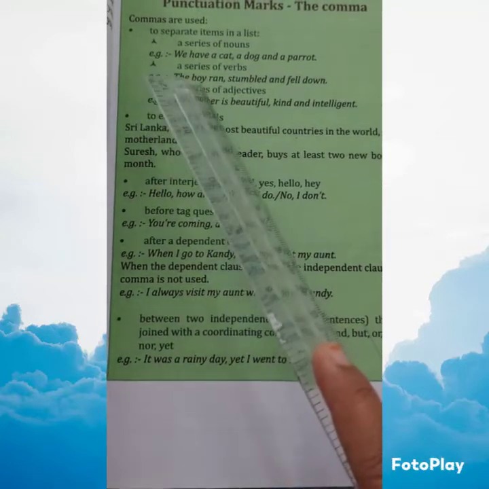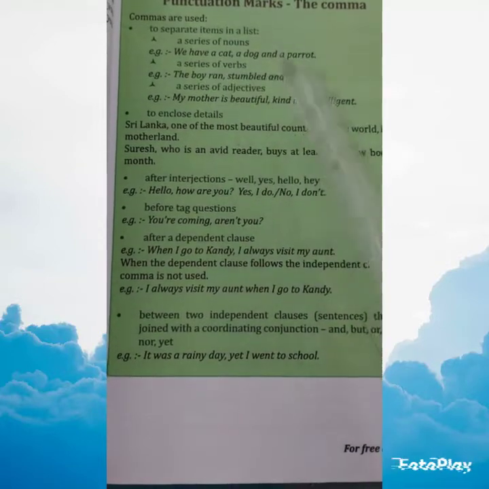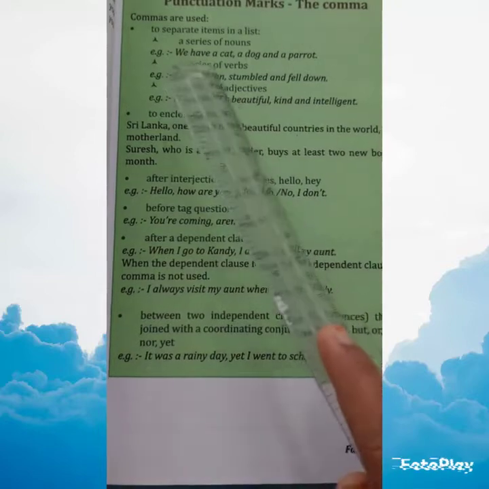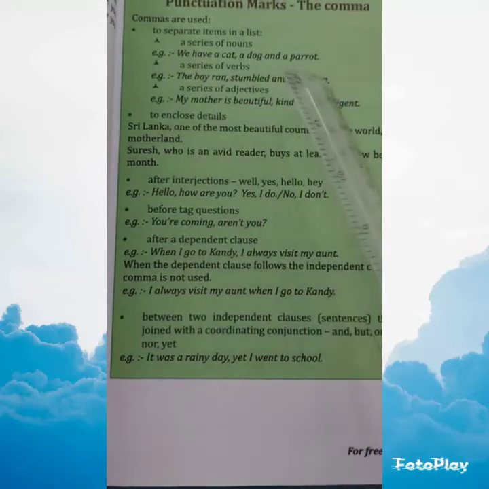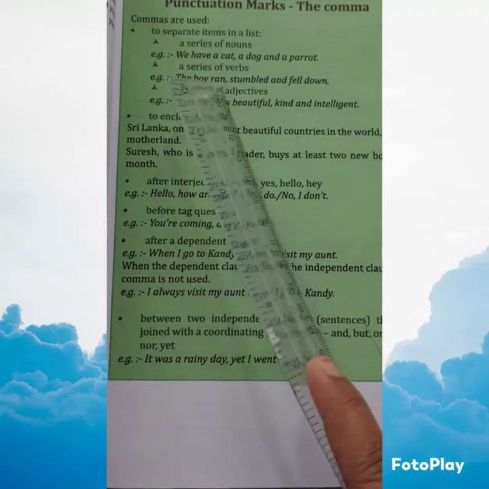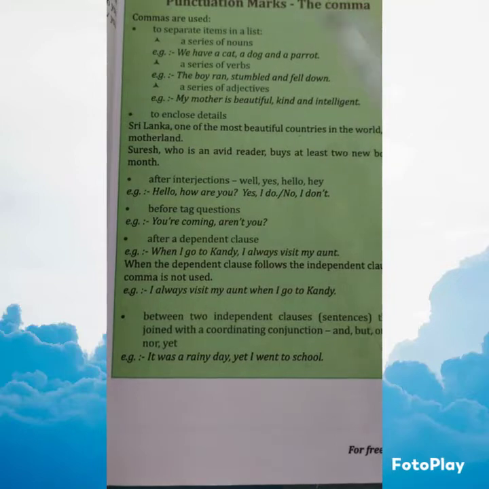Okay, the boy ran, stumbled and fell down. What is the meaning of this sentence? The boy ran means these verbs are in past tense. Ran, and what did he do? He ran. Stumble means to lose the balance.